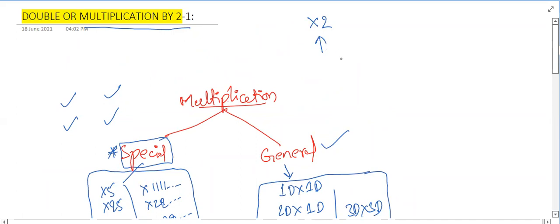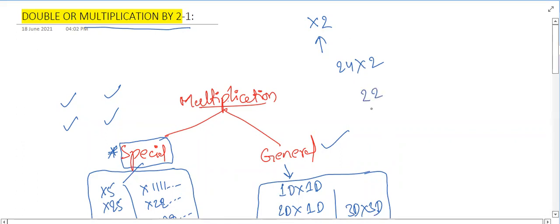Any number, suppose 24, we have to multiply it by 2. Without doing direct multiplication, how can you do this? Just add it to itself. Yes, correct. Multiplication is nothing but repeated addition.